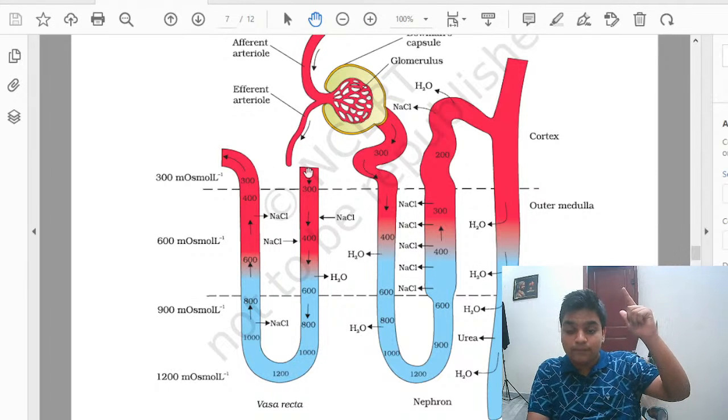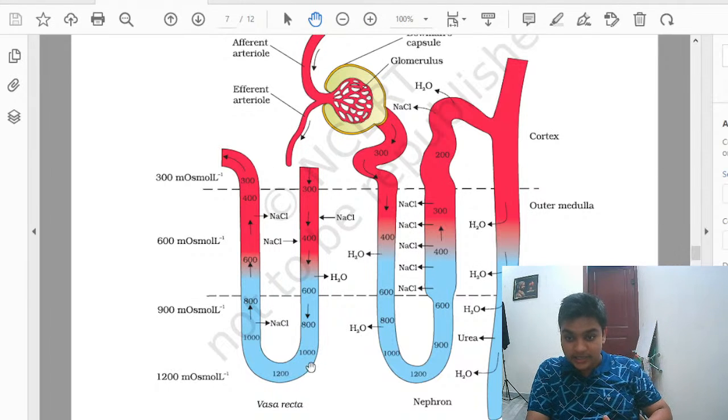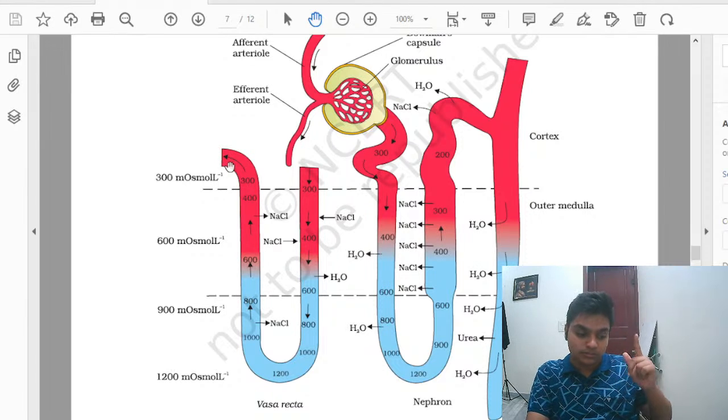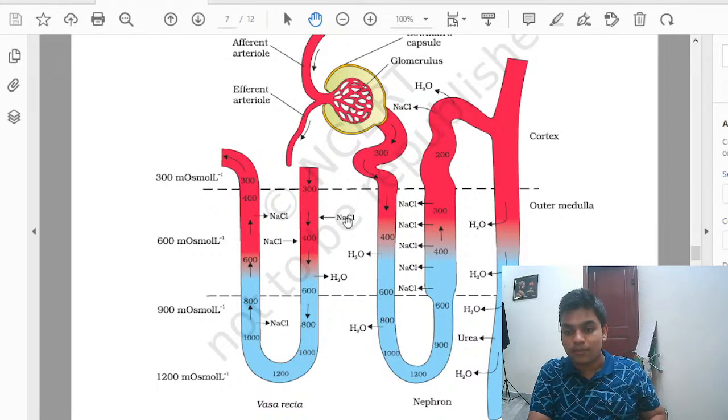So this becomes your descending limb and this becomes your ascending limb. In the descending limb the blood is coming down, and in the ascending limb the blood is flowing up. So this also follows the counter current flow pattern.